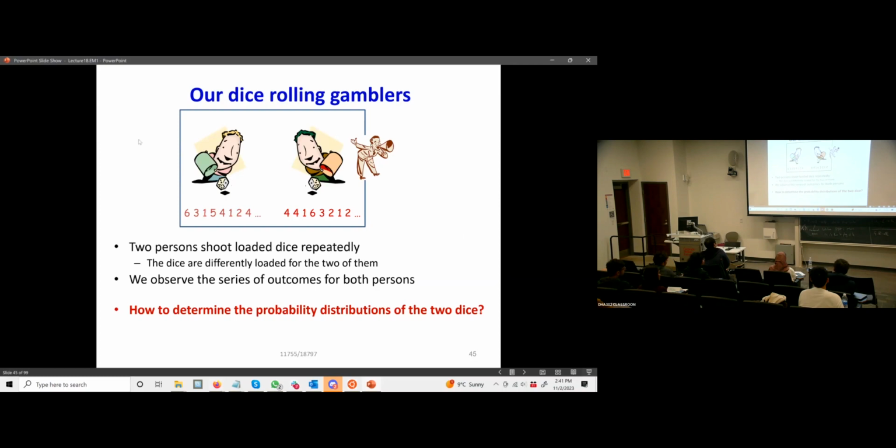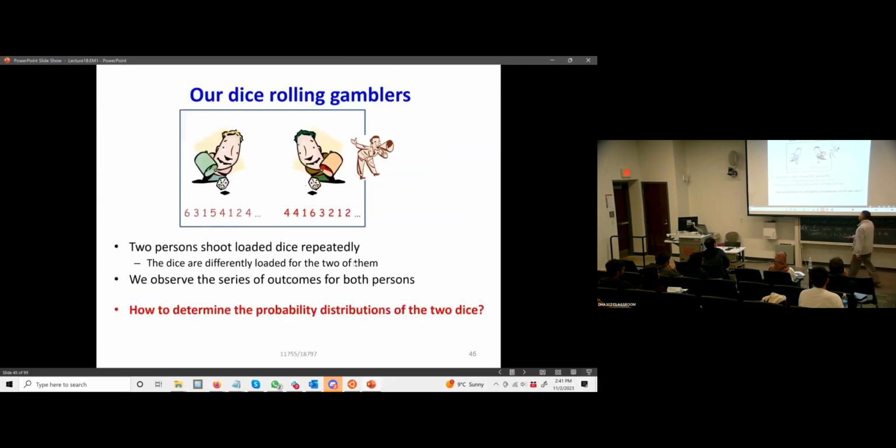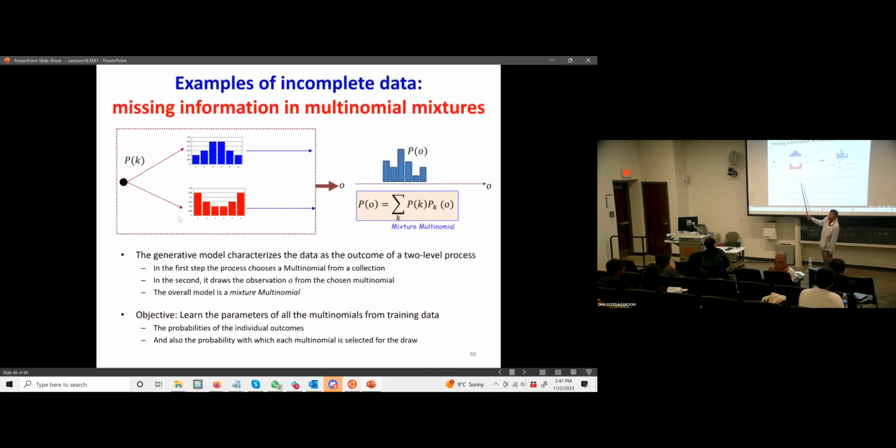How do you determine the probability distribution of both of the dice? And the way to think about it is that this fellow, at each trial, randomly selects one of these two dice, right? So there's a two-step process. In the first step, the fellow selects the dice. In the second step, a number is drawn from the dice.